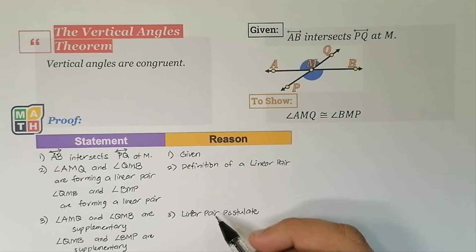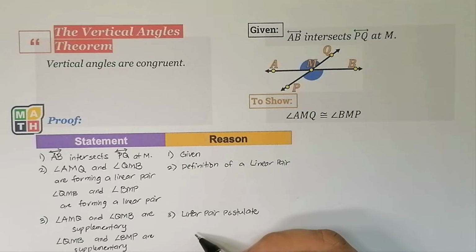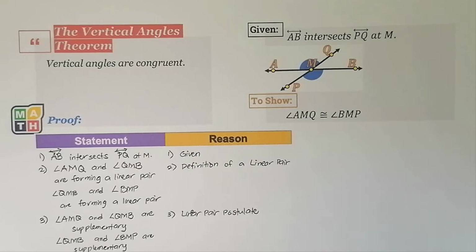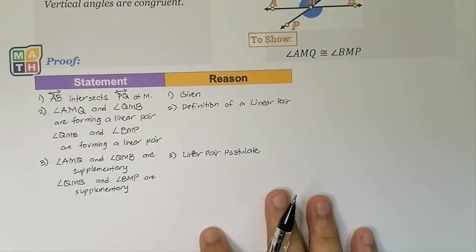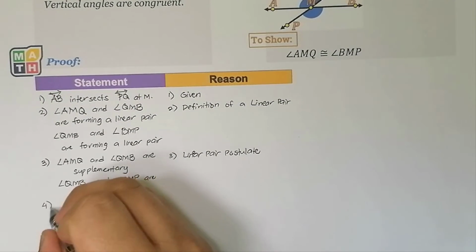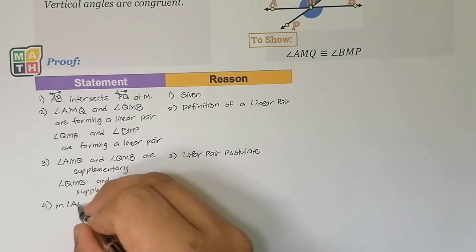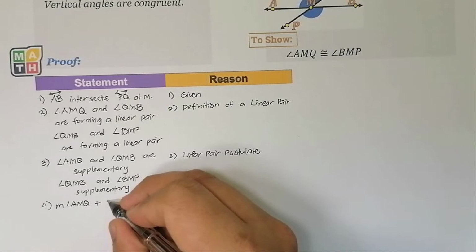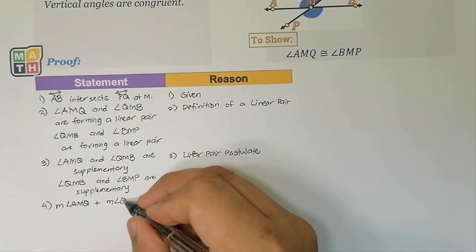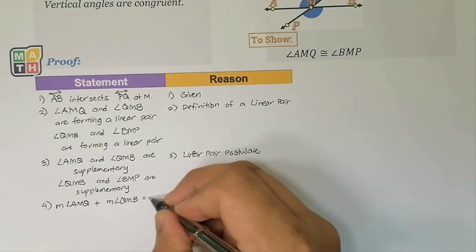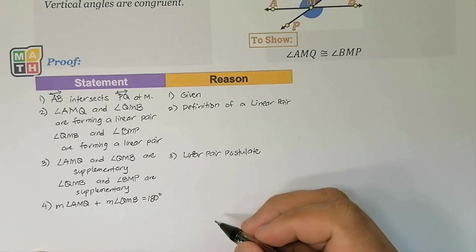After this, we could now get into the specific relationship of the measurements of the angles. Our fourth statement here is that the measurement of angle AMQ plus the measurement of angle QMB is equal to 180 degrees.